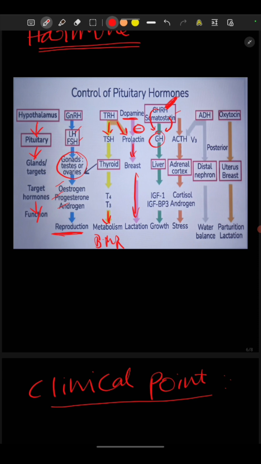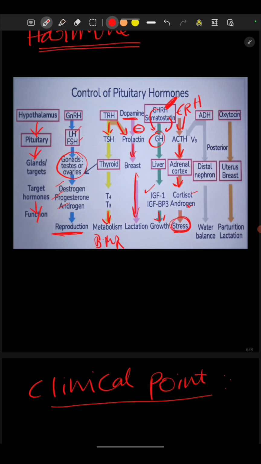This growth hormone acts on the liver and gets converted into insulin-like growth factor 1, which helps in growth. And corticotropin releasing hormone acts on the anterior pituitary to produce adrenocorticotropic hormone, which acts on the adrenal cortex. This adrenal cortex further synthesizes cortisol and androgen, which come in handy in stressful situations.